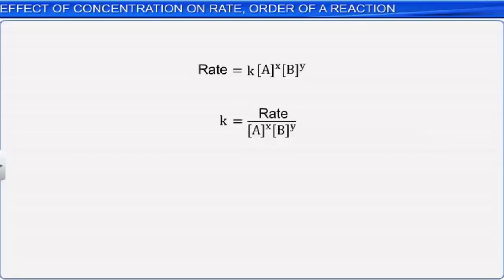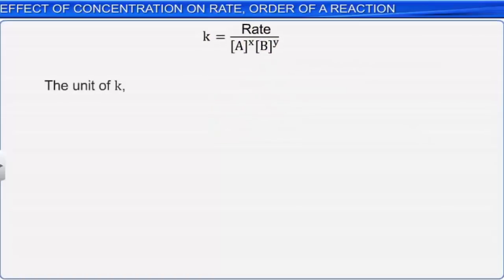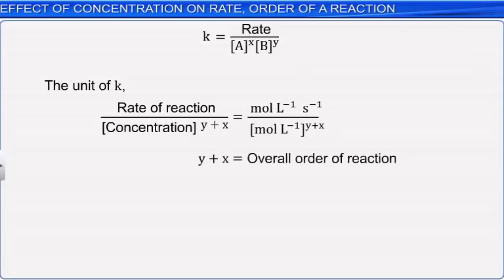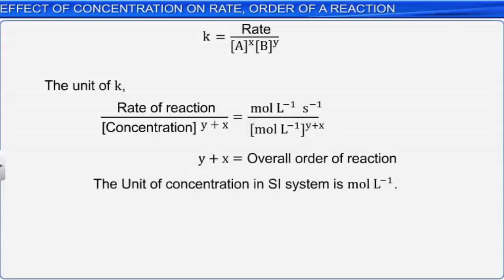If we rearrange the rate equation for K in a generic reaction, we get K is equal to rate divided by the concentration of A to the power X multiplied by the concentration of B to the power Y. Representing this equation in terms of the units of concentration and rate, we get the unit of K as rate of the reaction divided by concentration to the power Y plus X, where Y plus X is the overall order of the reaction. The unit for concentration in the SI system is mole per liter.